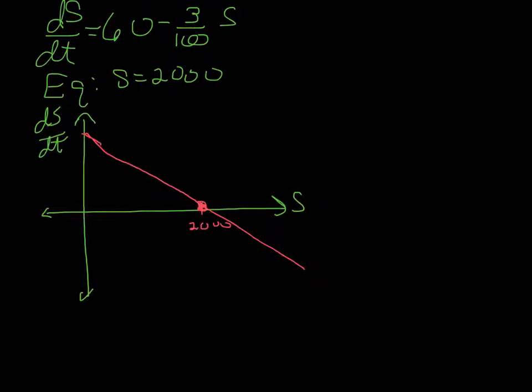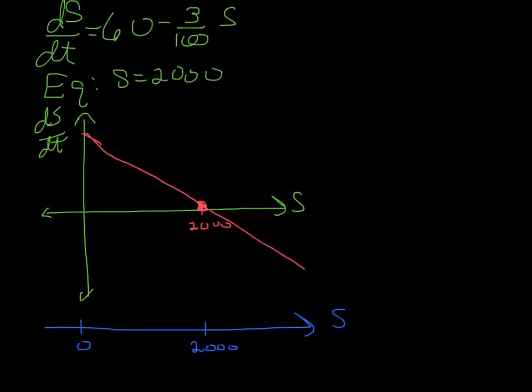So if I look at the phase line diagram, this is S, here's 0, here's 2,000. I can examine what's going to happen here by saying, well, dS/dt is positive when the amount of salt is between 0 and 2,000.